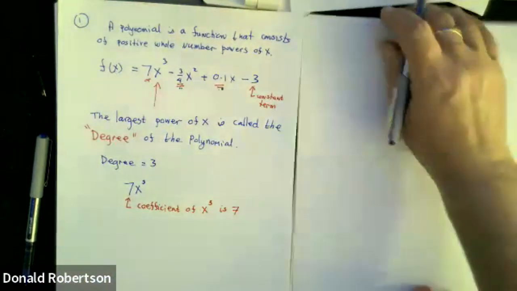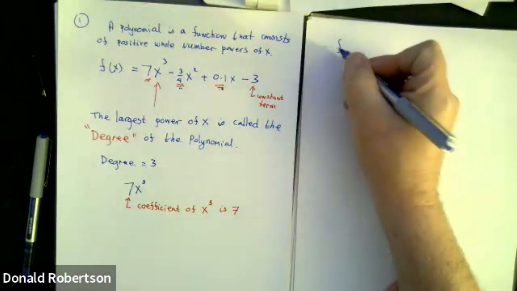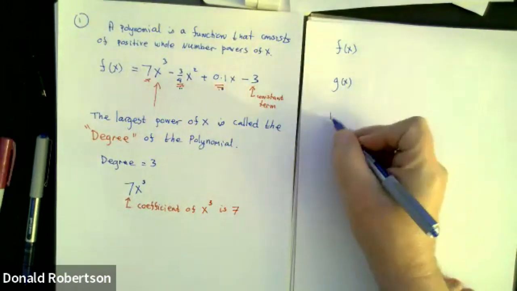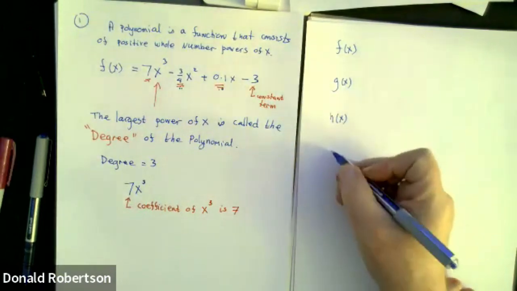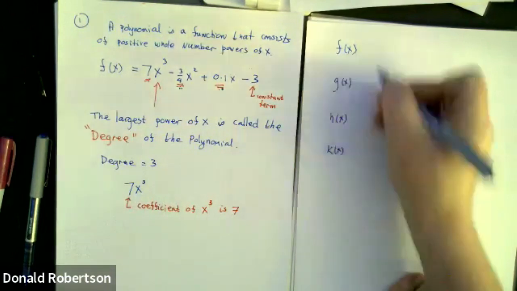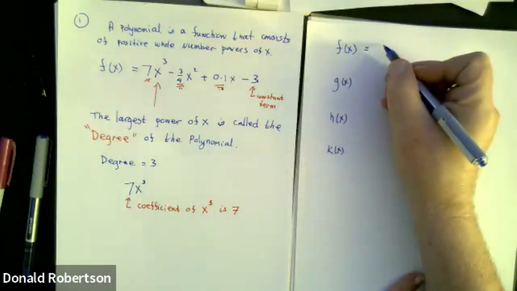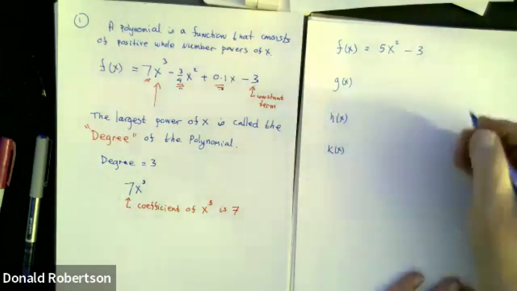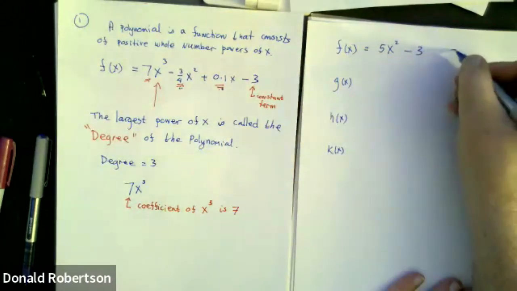Let's give you some examples of some functions, some of which will be polynomials and others won't be. So for instance, 5x squared minus 3 is a polynomial.